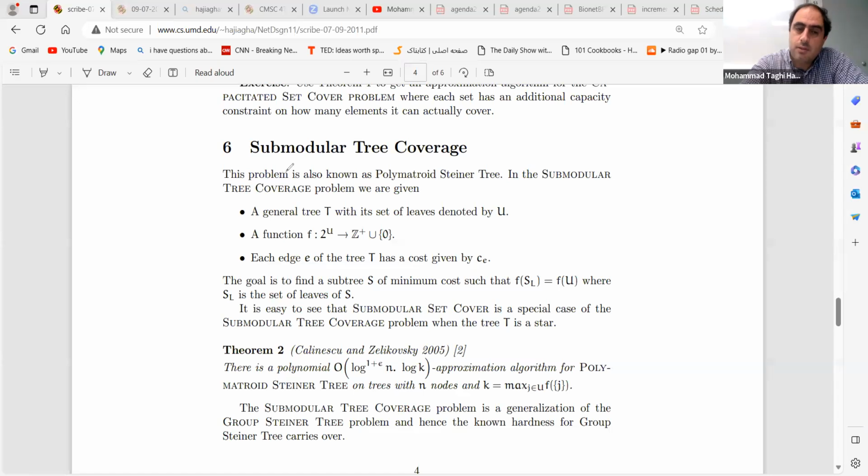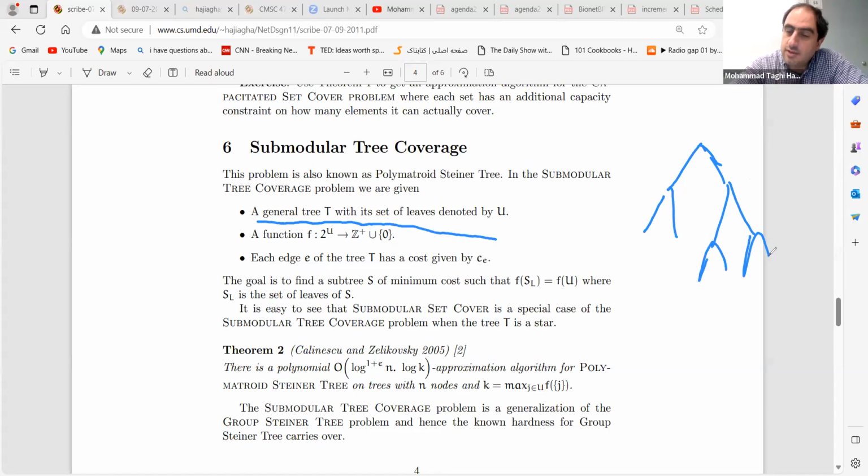So what is this problem? In the submodular tree coverage problem, you are given a general tree T with a set of leaves denoted by U. This is a generalization of the previous case.